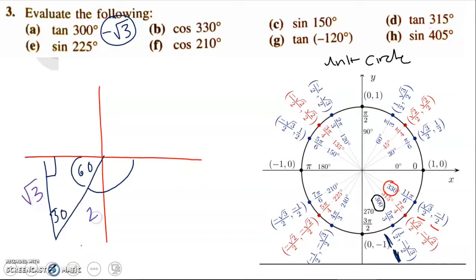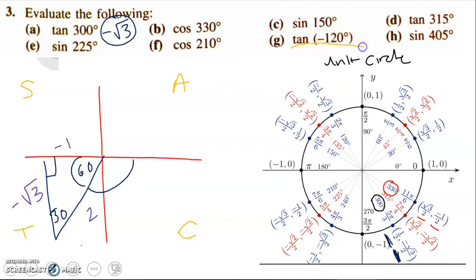This is 2, and this is 1. I know that this is going to be negative 1. I know this is going to be a negative square root of 3. Because, again, it's going on the left of the x-axis, and it's going down on the y-axis. They both have to be negative. Again, if you need to, go ahead and remind yourself of what's positive, what's negative.